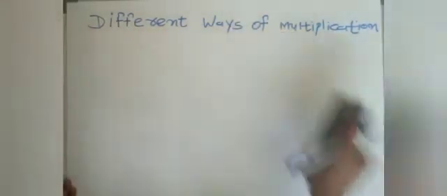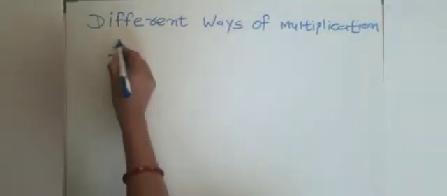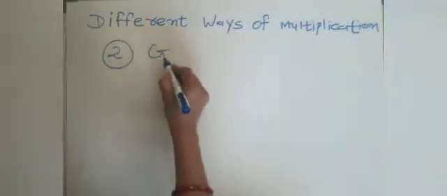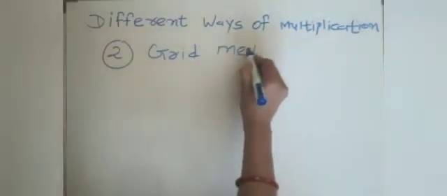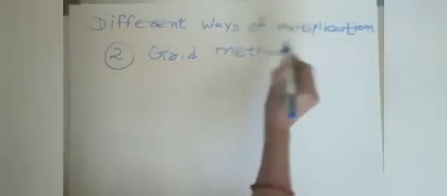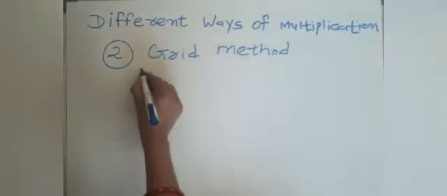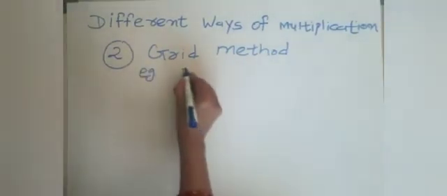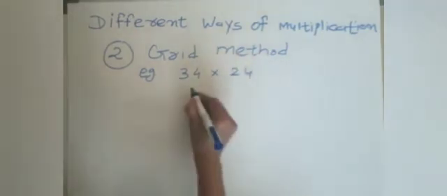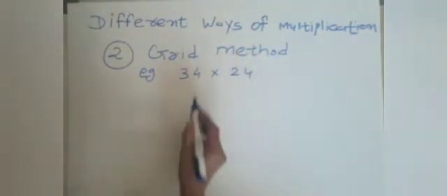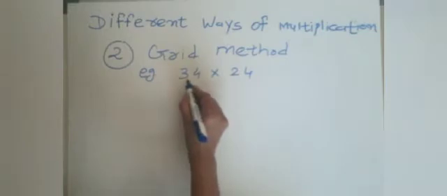Second is the grid method. In this method, first of all, we will split the numbers into units and tens place.